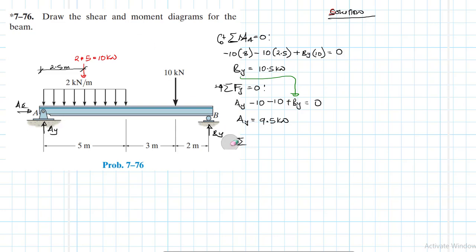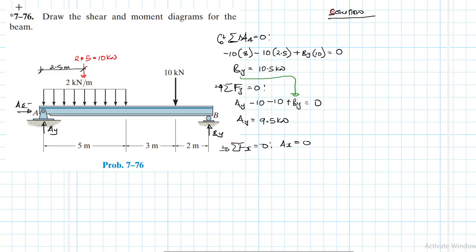And then we have summation of forces in the x direction. We already know what the answer is going to be, because we don't have any loading in that direction, right? So Ax will just be equal to 0. Great.